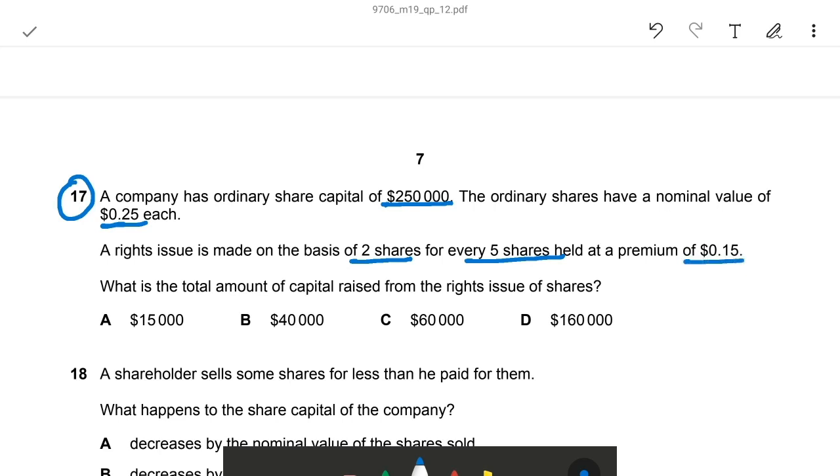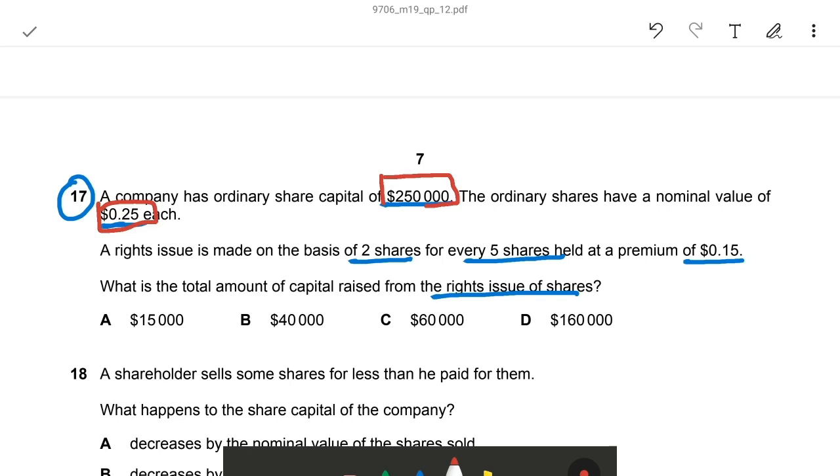What is the total amount of capital raised from the rights issue of shares? So here the given share capital is 250,000 at price 0.25. Then the rights issue is 2 shares for every 5 shares held at an increased price of 0.15.